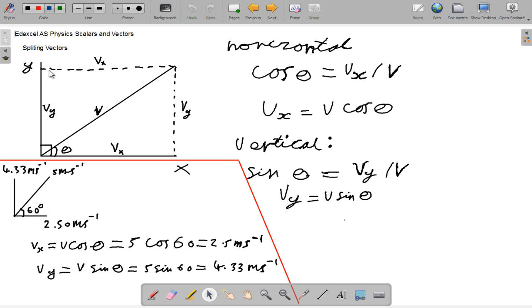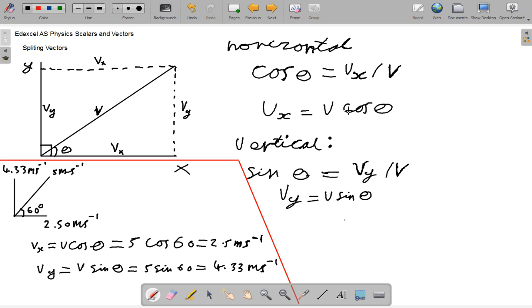So we're going to split vectors now into their horizontal and vertical components. So the two formulae you need to remember for deriving this: we have cos theta equaling Vx over V, with Vx being the velocity in the x direction, and V the resultant velocity here.